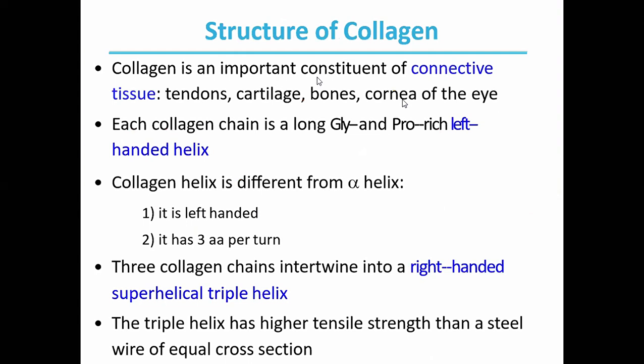Next is collagen. Collagen is found in connective tissue, in tendons, cartilage, bones, the cornea of the eye. Normally it has a lot of glycine and proline, and it's a left-handed helix. The triple helix has higher tensile strength than steel wire of equal cross-section, so basically it's very strong.